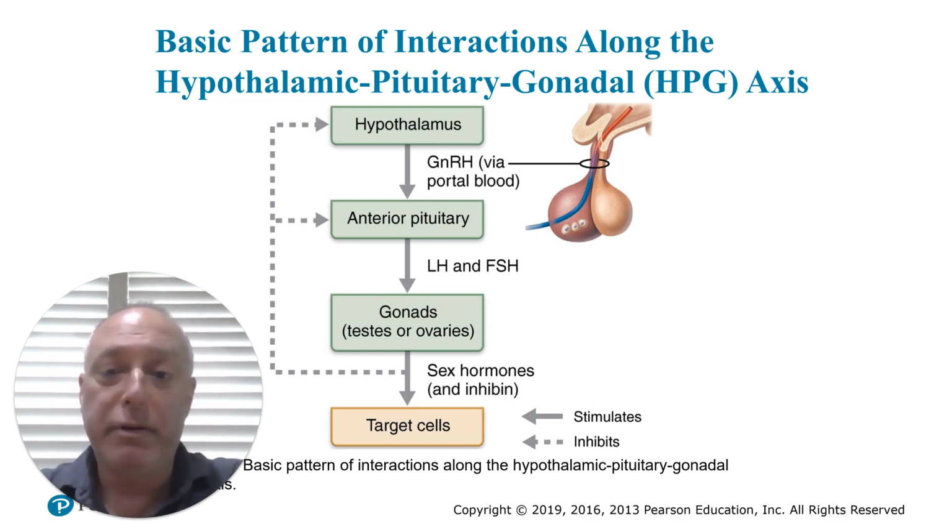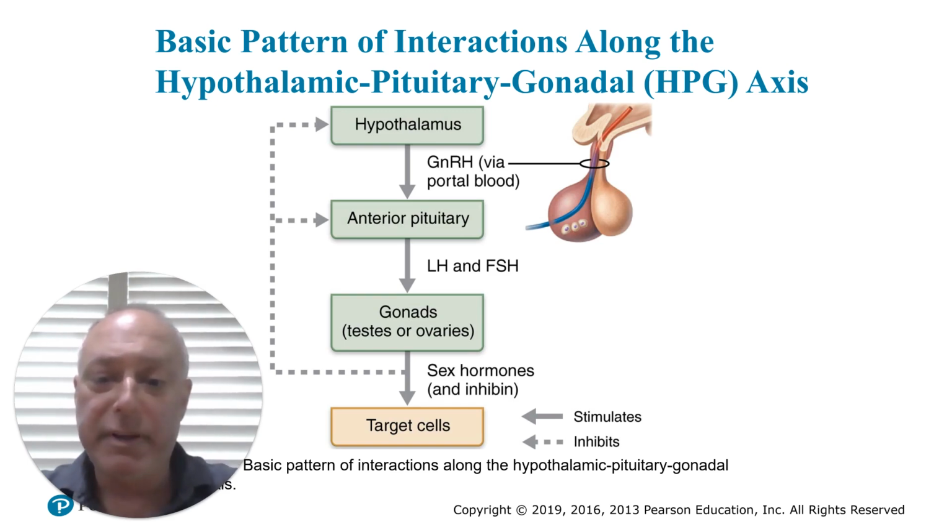GnRH, or gonadotropin releasing hormone, from the hypothalamus is released to the anterior pituitary. This causes the release of luteinizing hormone and follicle stimulating hormone to circulate in the cardiovascular system until it reaches a receptor. This would be in the gonads, and this is what's responsible for sexual maturation.